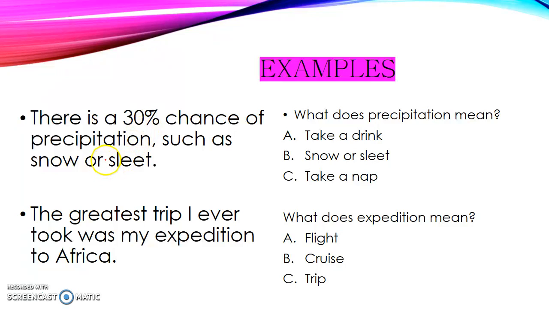I notice that I have an or statement, so I'm going to take that and I'm going to see what words are separate, what words are in between or on the side or around or. I see that there is also a such as statement, which means precipitation can be either snow or sleet.